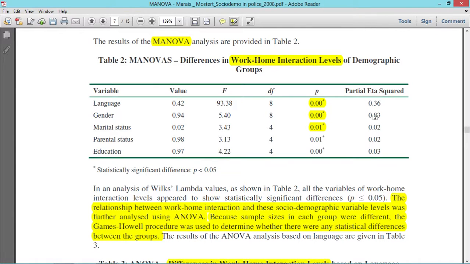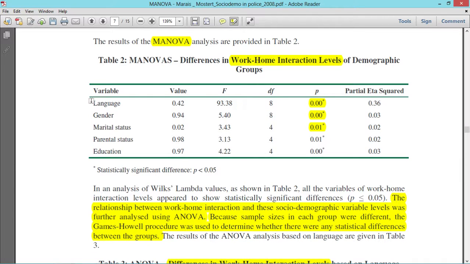Okay, and let me just quickly check something about the partial eta squared over there. Quickly going through my book over here. Okay, partial eta squared. So in the case of MANOVA, Pallant says that partial eta squared represents the proportion of variance in the dependent variable that can be explained by the independent variables.